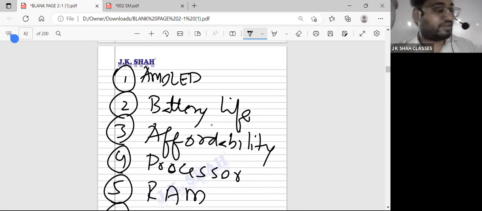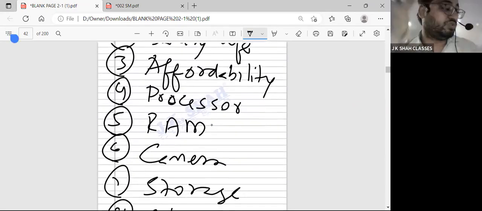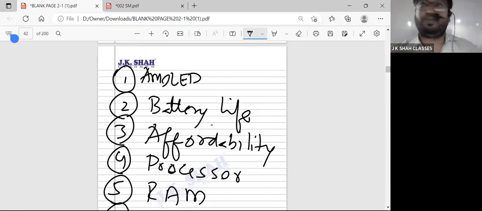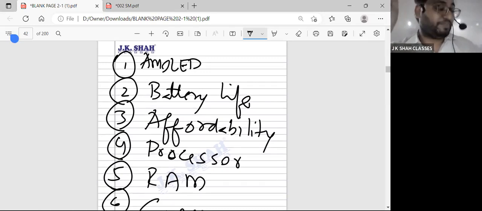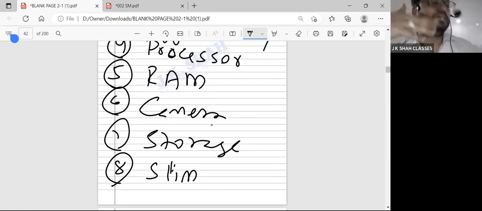Yes, it's a very good usage. A student told me this, I have no knowledge of it. Battery life, affordability, processor, RAM, camera, storage. It should be slim. Anything else? No. So these are the requirements of today's generation.